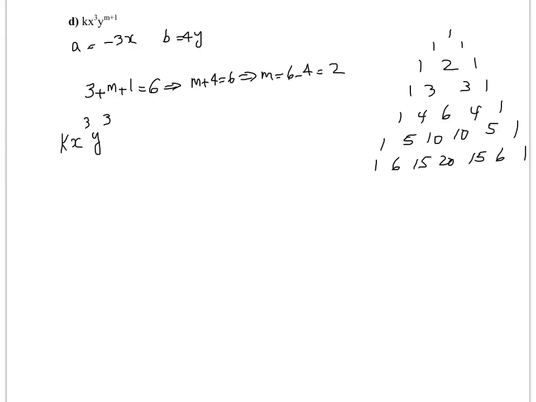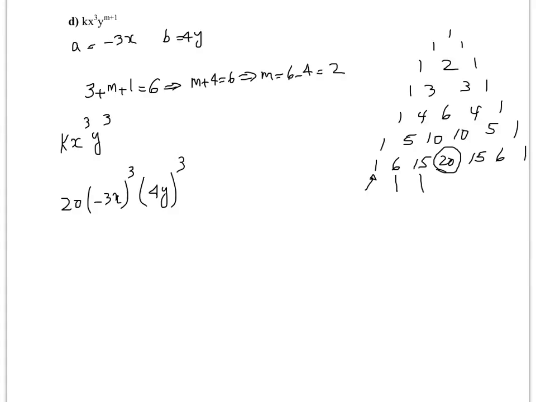Now again we are going to go through the terms here. This is x^6, 5, 4, 3. This is the one that we are concerned with. So if we expand it, then we're going to get 20, but our a value is -3x, so it's going to be exponent 3, and the y value is 4y, which is going to be exponent 3.